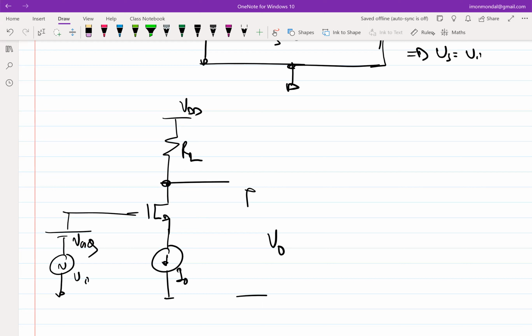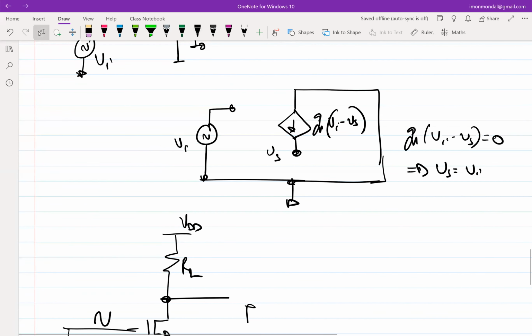Okay. So now what is the root cause? The root cause is, as he pointed out, the source is open circuit. So if this voltage changes, the source is following. Not because it's open circuit, but because of this configuration.